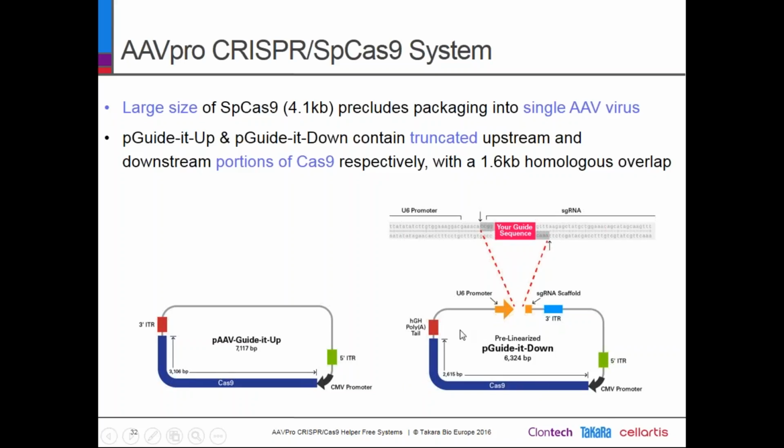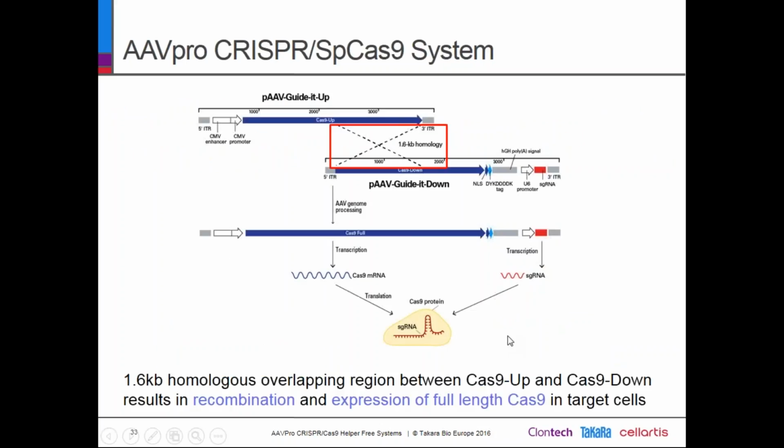The down vector is also provided pre-linearized, so all you need to do is ligate your guide RNA sequence in. Then you will produce AAV particles for the up and the down vector, and you will co-transduce your target cells with equal MOI of both viral particles.